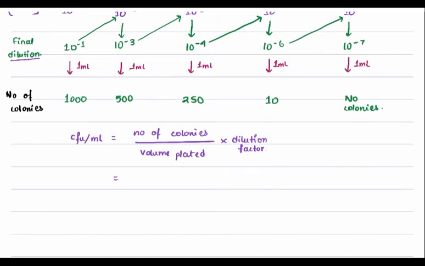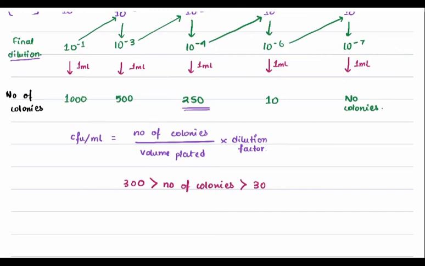So you have number of colonies 250. I need to tell you why I'm taking 250. We need to consider a plate which has a number of colonies less than 300 and greater than 30. Why is it so?